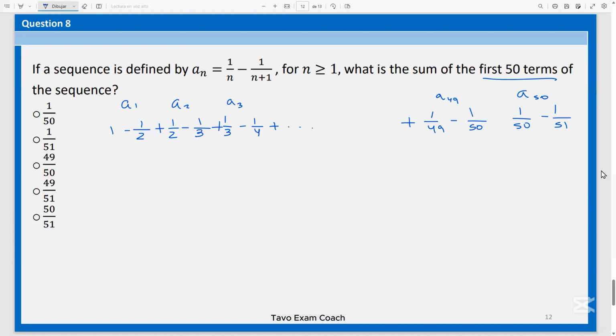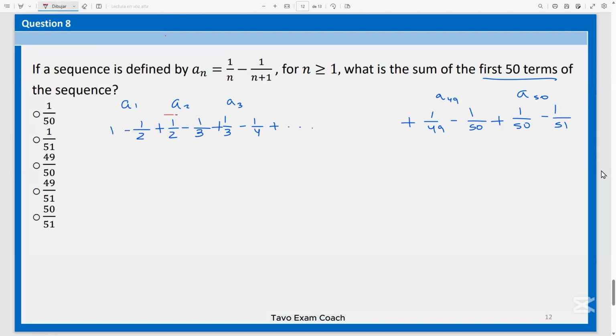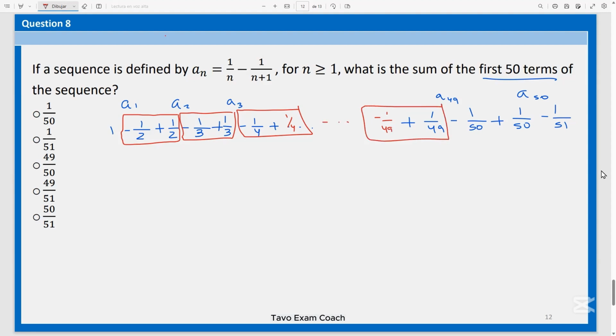Okay, resulting in this expression that has couples of terms that will cancel together. For example, these two will cancel together, these two will cancel together, also negative 1 over 4 with another 1 over 4 over here. Here probably a negative 1 over 49 with the following, and these two also.